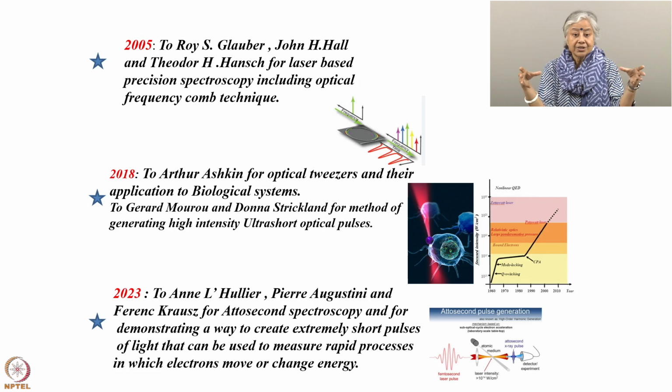On top of that, what they did is they made a frequency comb. By frequency comb, if you see in this picture, in the time scale these are very short femtosecond pulses.